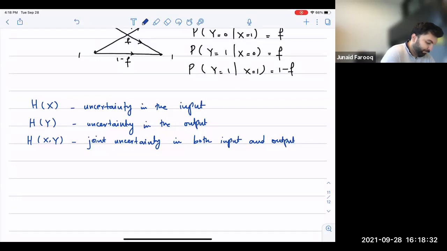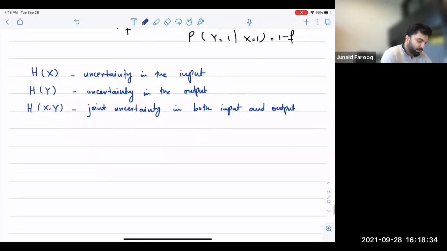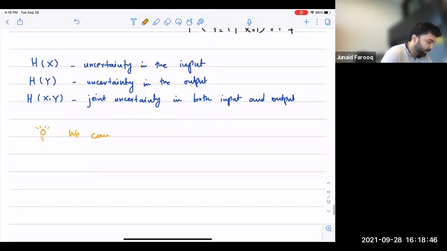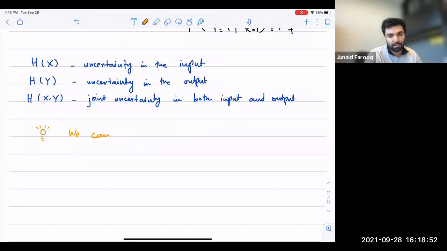Remember, just like probabilities, we can also think about uncertainty in the input given the output. So again, the idea of conditional probability is being extended to entropies, calling them the conditional entropies.